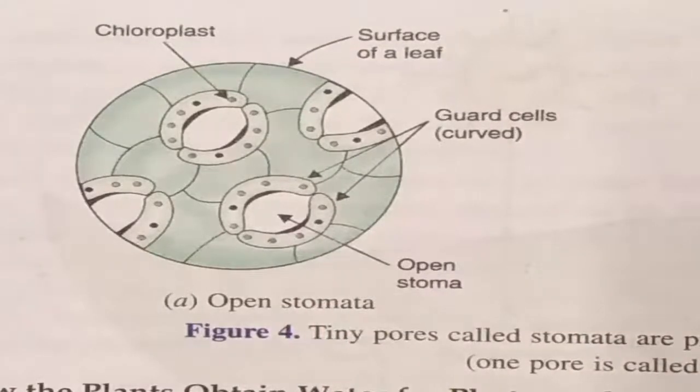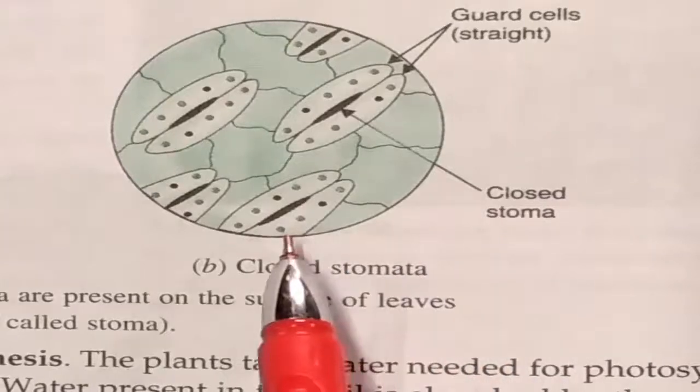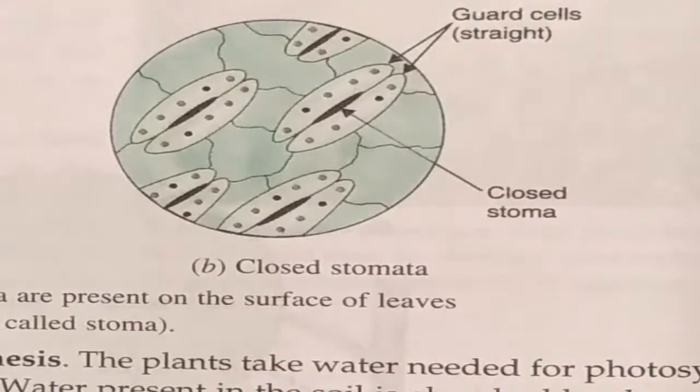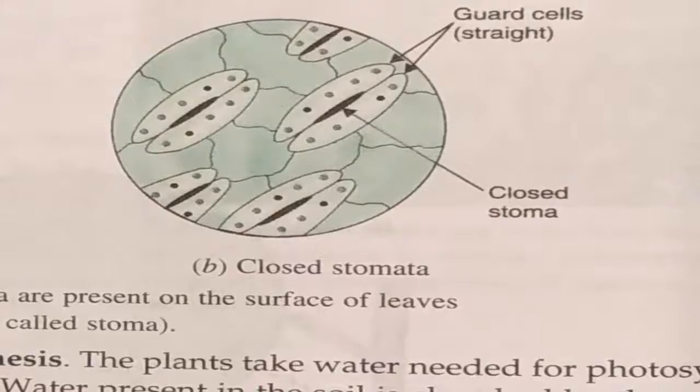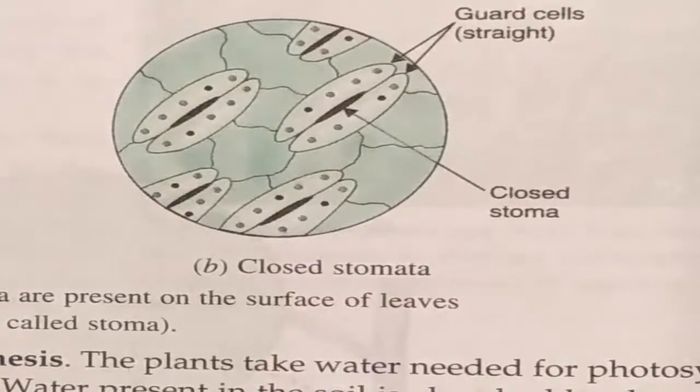And you can also see the closed stomata. These tiny pores called stomata are present on the surface of the leaves. We have to remember that one pore is called stoma, and the plural form of stoma, that is, many pores, are called stomata.